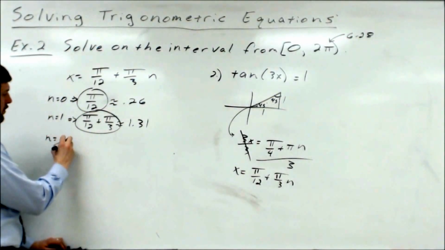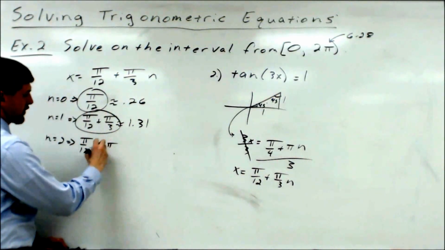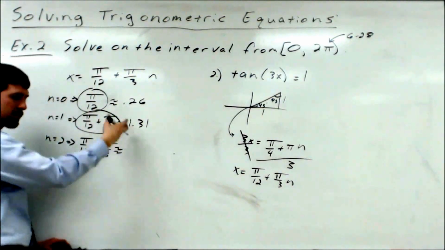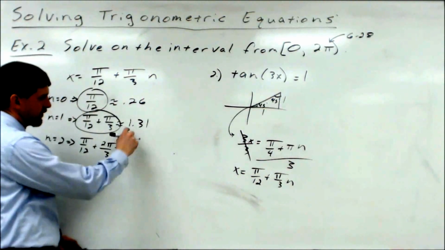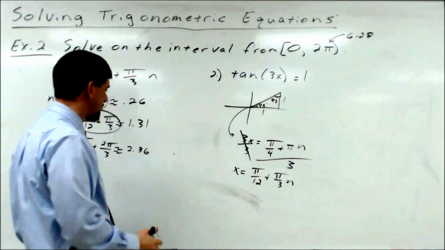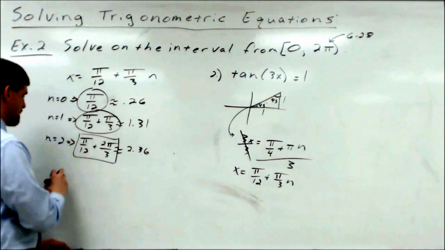N equals 2, so that'd be pi over 12 plus 2 pi over 3. We're just adding pi over 3, which is about 1.05. So that's 2.36 roughly. So that one fits.